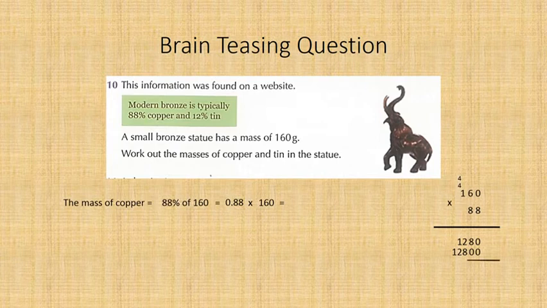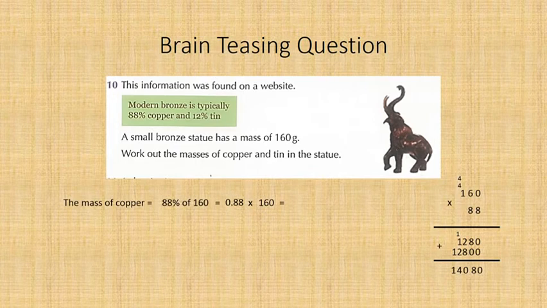And then we add. So 0 plus 0 equals 0, 8 plus 0 equals 8, 2 plus 8 equals 10, so 0 and carry 1. 1 plus 2 equals 3, plus 1 equals 4, and the 1 will come down. So it's going to be 14,080.